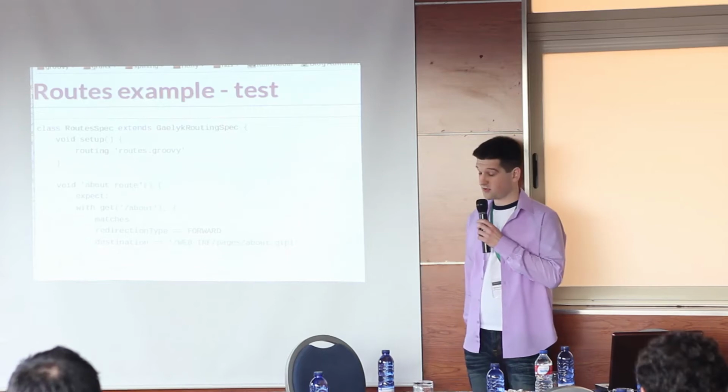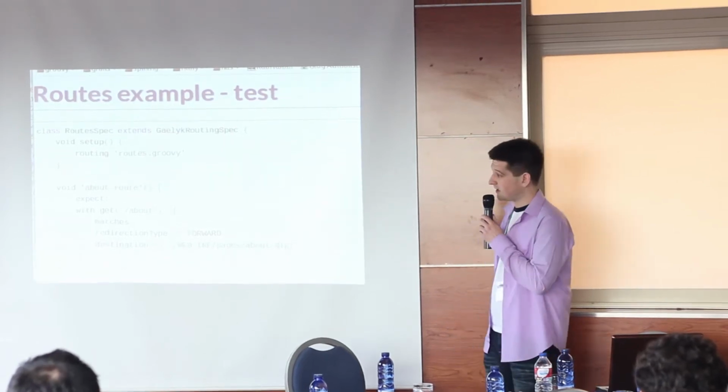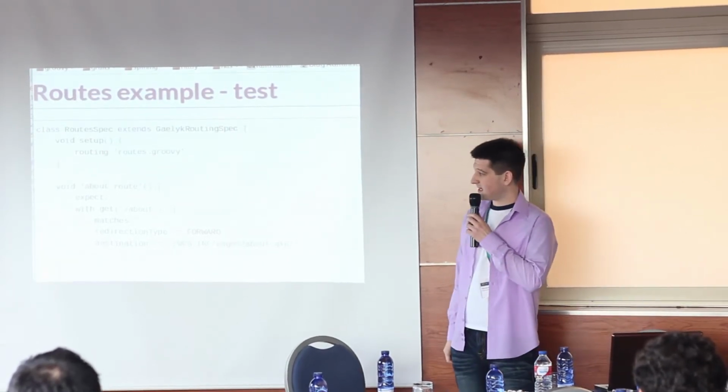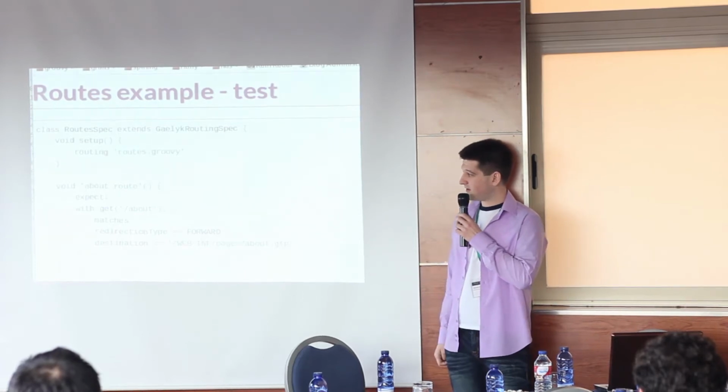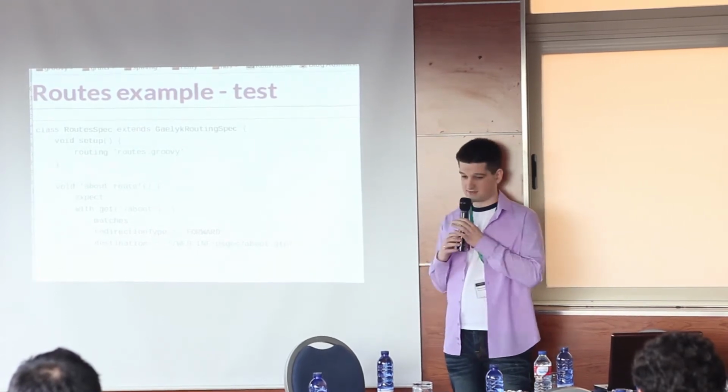And how are we testing the about route? Using the Spock 0.7 new with method, we can say that when we do a get request to /about, the route should match, and we should be forwarded to the about template.